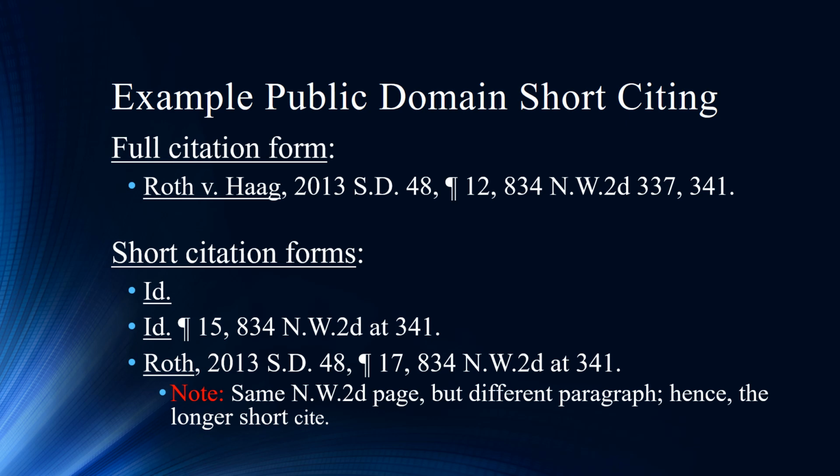As you can see in this example, while the full cite example is on the same page of the Northwestern Reporter as the short cite example, the public domain paragraph in the full cite is paragraph 12, while the short cite is paragraph 17.